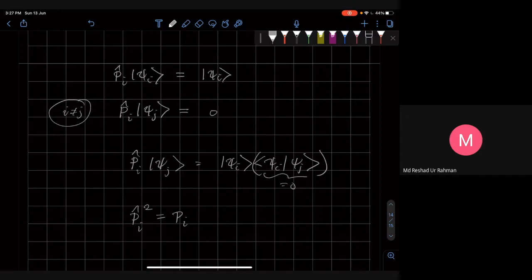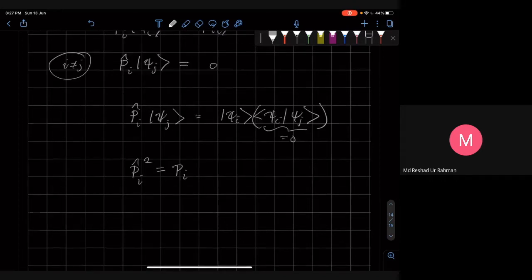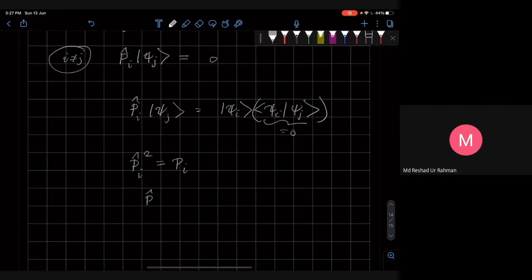So this is also obvious. And if you have projection operators P_i and P_j multiplying, then you will get delta_ij times P_i or P_j. Again, these are things that you should show from the definition that we have just given.